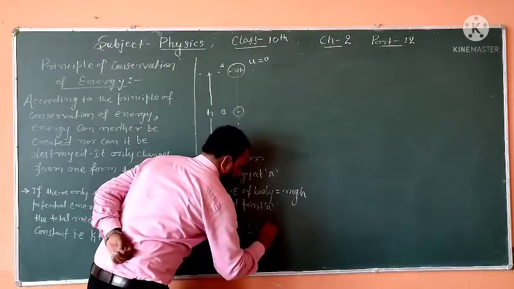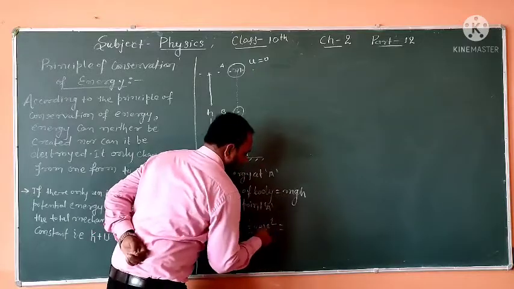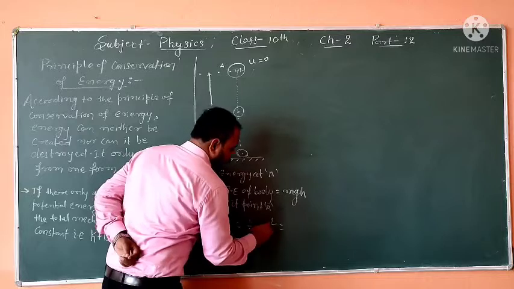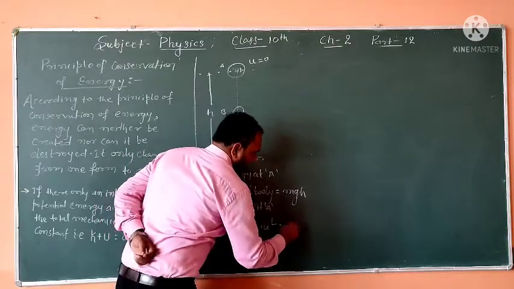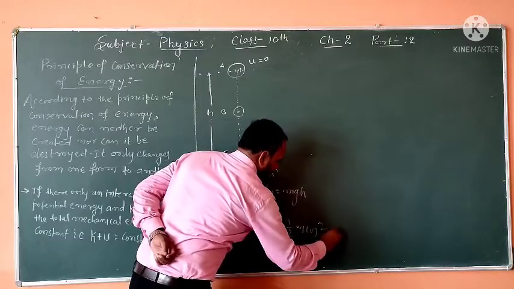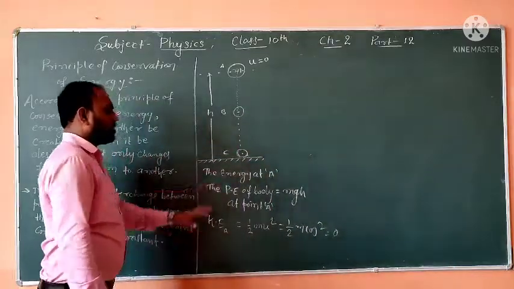half mv square. Here the initial velocity is 0, that is u. We may also take u square. So half m 0 square, it means 0. Kinetic energy becomes 0.